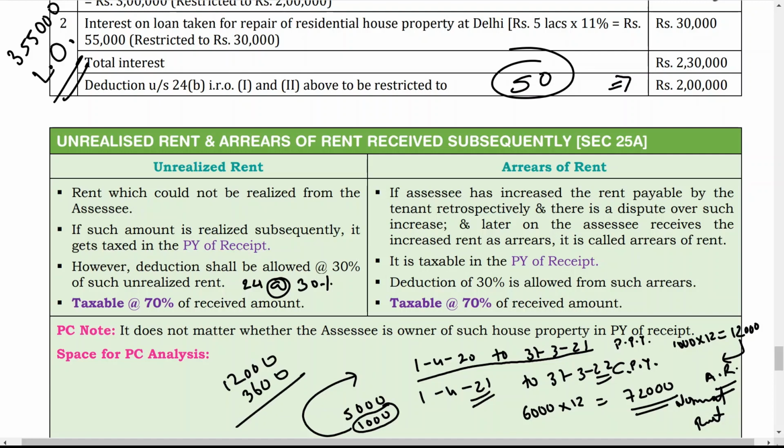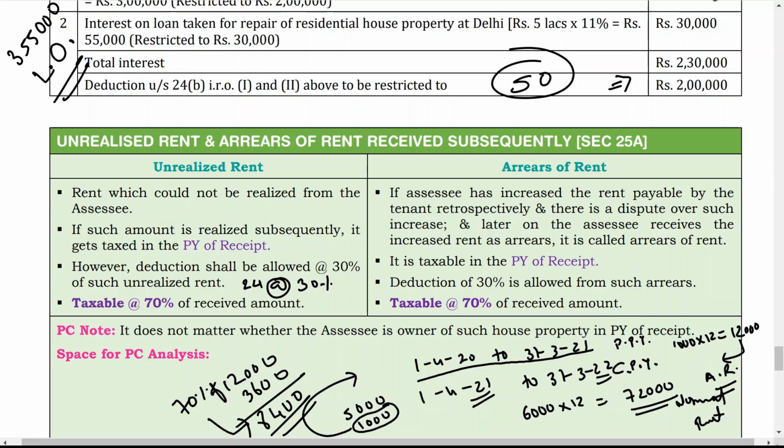Whatever is left is your answer, 8,400. So it is taxable at 70% of the received amount. 70% of 12,000 is 8,400, that is the taxable amount.